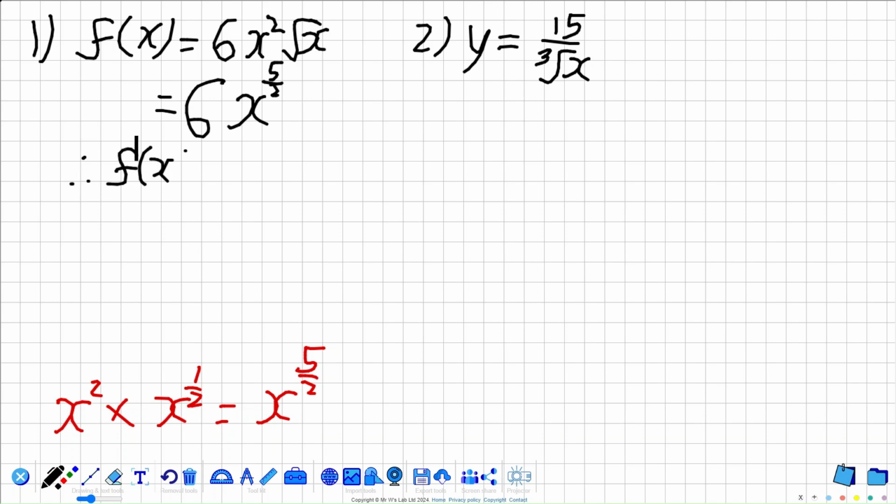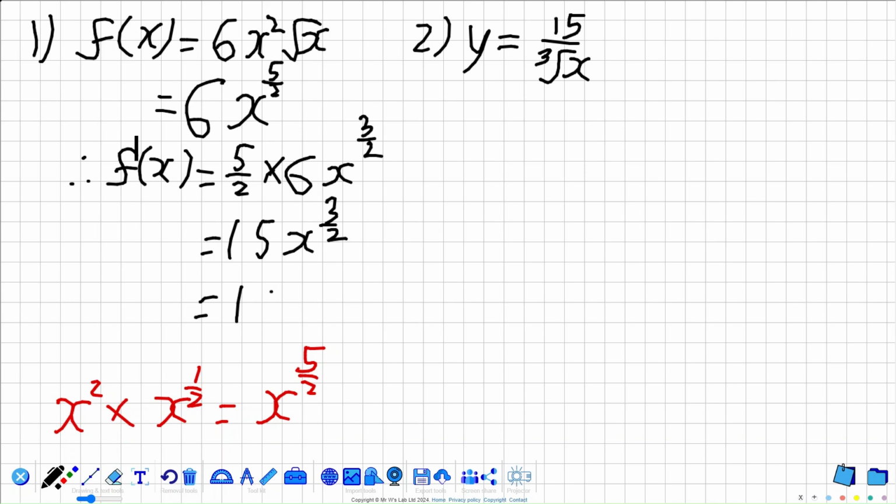So f dash of x equals, so we'll have the exponent here times by 6x, and then 5 over 2 minus 1 is just 3 over 2, and this will equal, so 5 over 2, in other words 2.5, times by 6 equals 15, x to the power of 3 over 2, and this can also be shown as 15 x root x, just splitting up that term like how we combined it near the beginning.